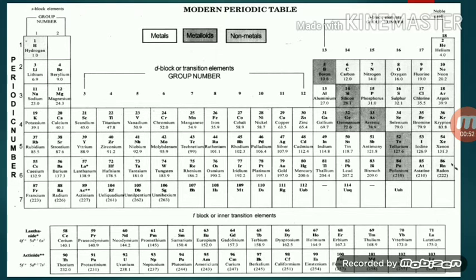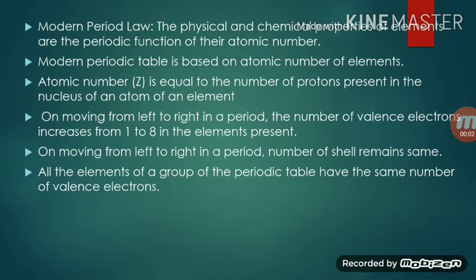Okay, we will discuss this in detail. And there are also the lanthanoids and actinoids group, which are the heaviest atoms, also known as radioactive atoms. Okay, let's start with the modern periodic law.